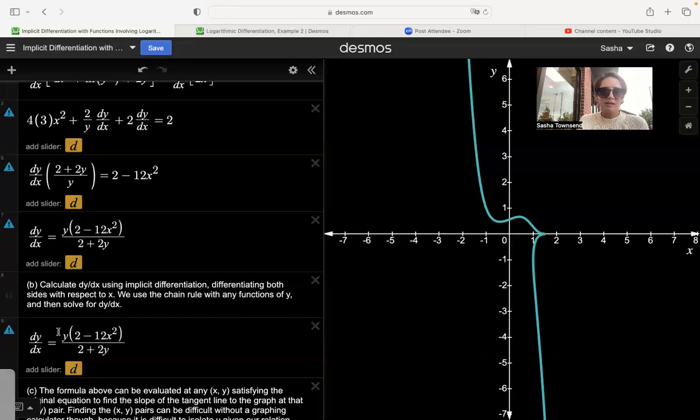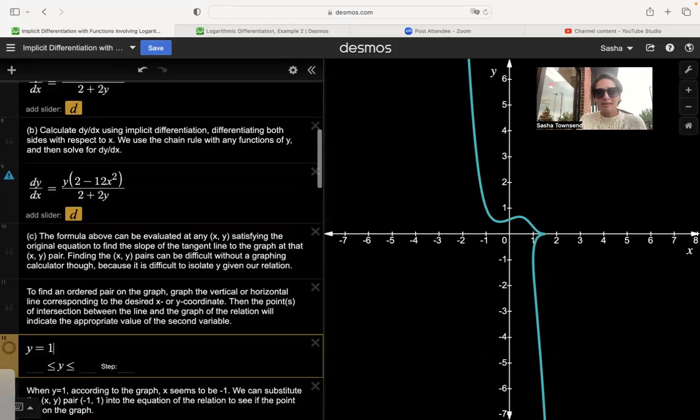Then we can substitute that ordered pair into this function dy/dx, which is a function of x and y, and that will give us a slope at that location. We'll have an xy pair as well as a slope, a point and a slope. We can use point-slope form of the equation of a line to find the equation of the tangent line there. So that's the plan.